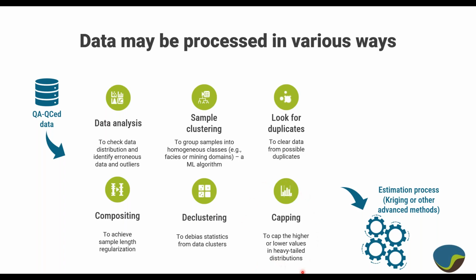And also something that we might do is capping, so applying a top cut to the variable, because the raw values might be very large, and pseudo outlier values make it more difficult to interpret a variogram. The variogram, being the central tool of geostats, is calculated by squaring differences of sample values.